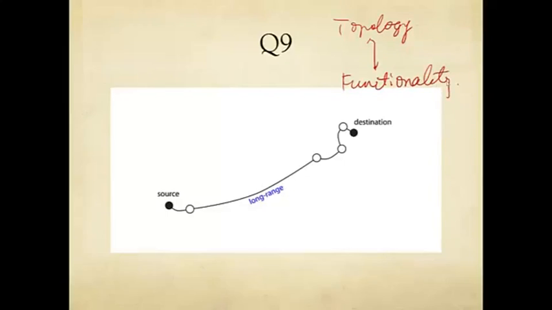Question number 9, we will ask ourselves the question raised by many people and then codified by an experiment by Stanley Milgram in the late 60s, the small world network. In Milgram's example, he tried to give a letter and ask people in Nebraska to find a way to send it to the destination, which is a suburb in Massachusetts.